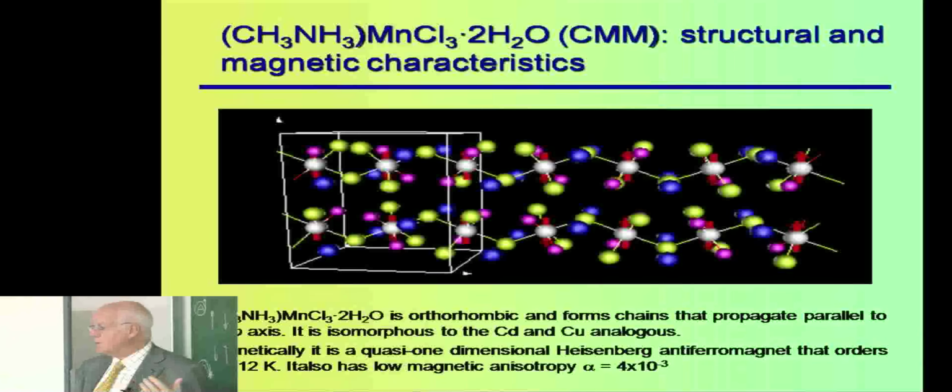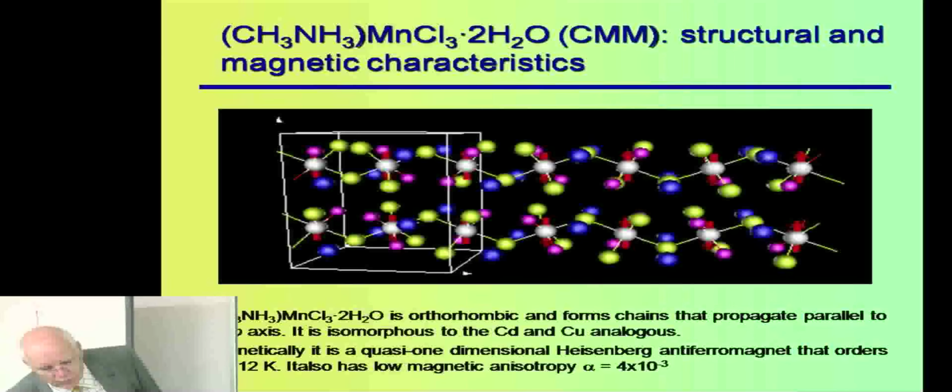Manganese can be substituted by cadmium because the crystal lattice of the cadmium derivative is the same as this manganese. So no structural problem in the substitution. And we needed very, very low substitution, only 0.8%, less than 1%. With less than 1%, we had a huge effect, a huge effect.